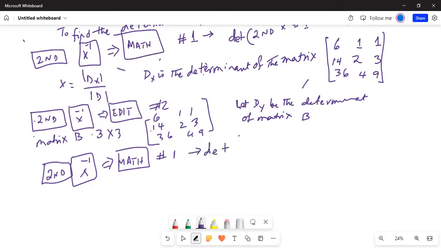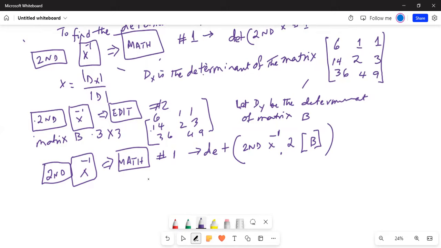And then inside the determinant, you are going to again press second, x minus 1, then number 2, okay, and then we will select here number 2, and this will put matrix B inside like this. Close the parenthesis, and hit enter.